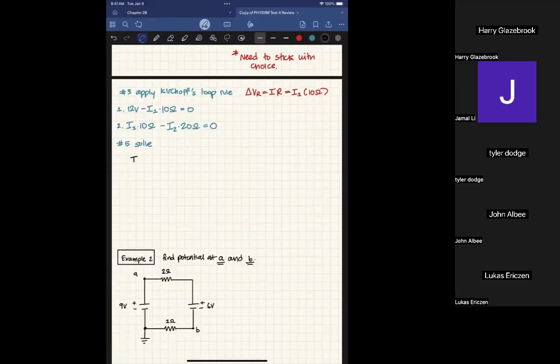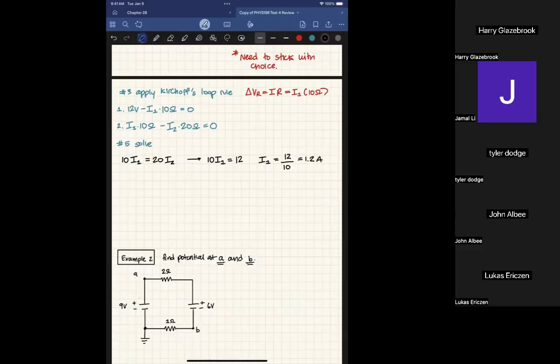So we have 10 I1 equals 20 I2. And we also know that 10 I1 equals 12 from that top equation, which means that I1 just equals 12 over 10, which is just 1.2 amps.